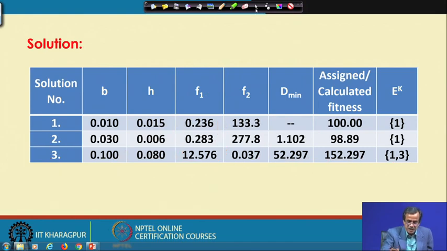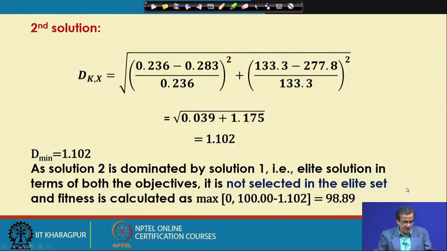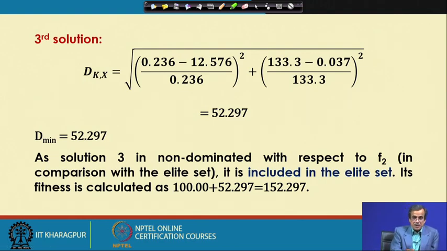To find that, I will have to calculate for the third solution the Euclidean distance d k x, which is the Euclidean distance between the kth non-dominated solution and the third solution, that is capital X, and this is the square root of: 0.236, the value of f 1 corresponding to the non-dominated one, and 12.576, the value of f 1 corresponding to the third solution.